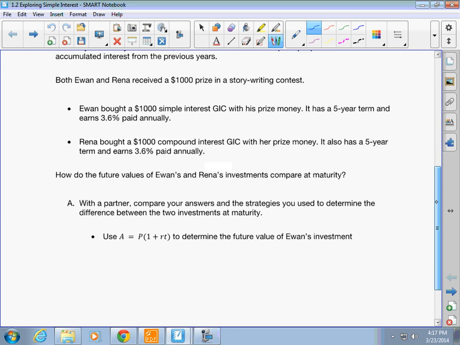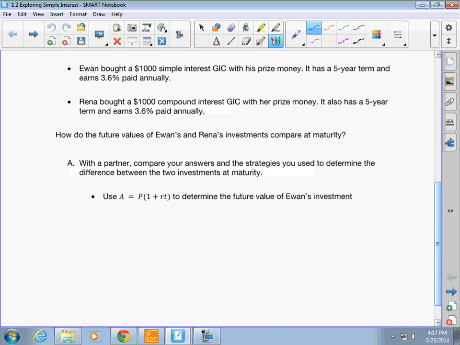Using A equals P times (1 plus rt) to determine the future value of Ewan's investment. Ewan has the simple interest. He earns it once a year, and that interest doesn't earn interest. We know the principal amount is $1,000 that he invested. Our rate was 3.6%, so 0.036, and the time was 5 years.